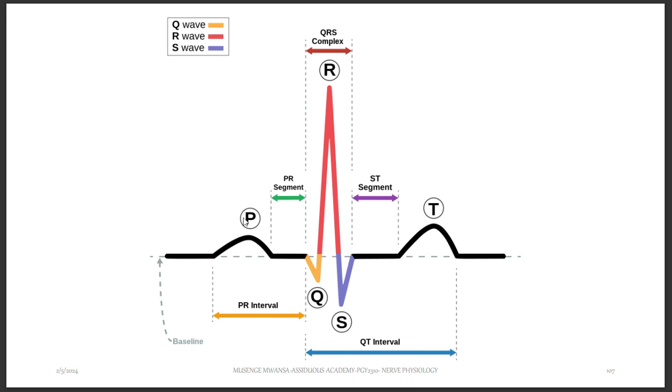Now you can see between the P wave and the Q wave, you have got an isoelectric point. Every time you see a straight line on an ECG, that is called an isoelectric point. It means that there is no net action potential there. Okay. So we have got a PR segment. Every time you hear segment, a segment is always an isoelectric point.